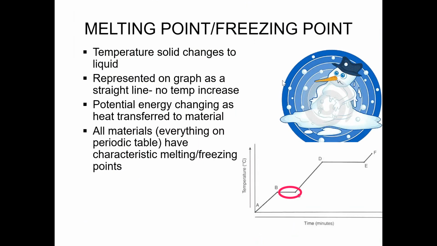During the melting point, the temperature does not change. It's going from a solid to a liquid. And as long as it's a mixture of solid and liquid, the heat that you add is going towards changing the potential energy of the solid, turning it into a liquid.